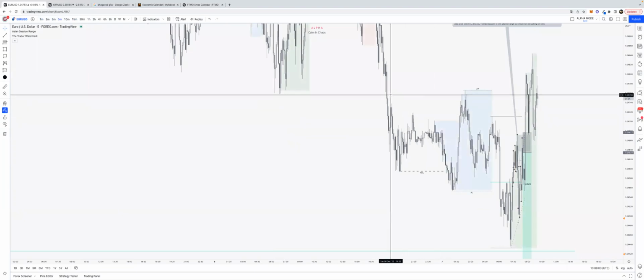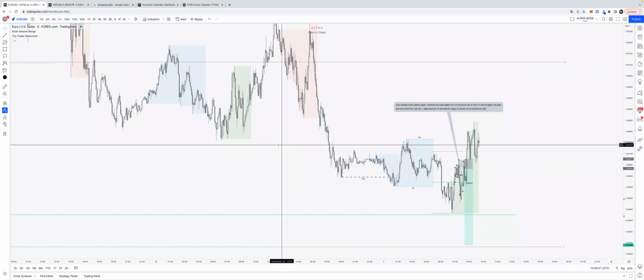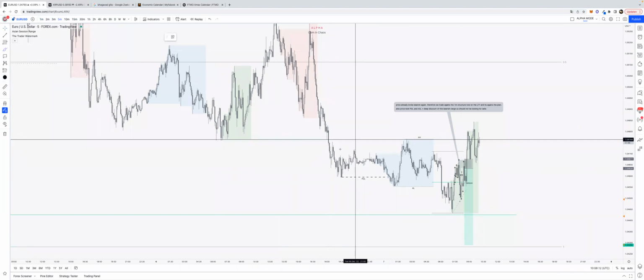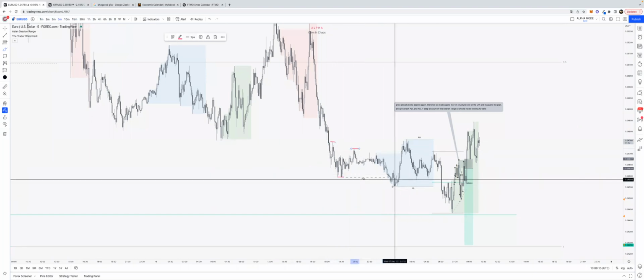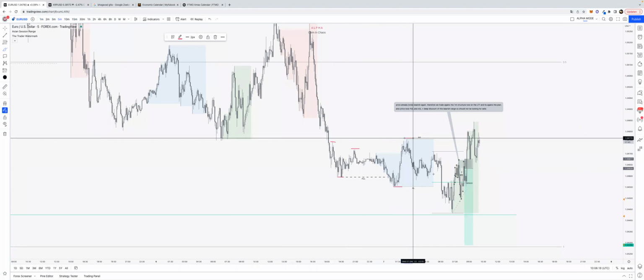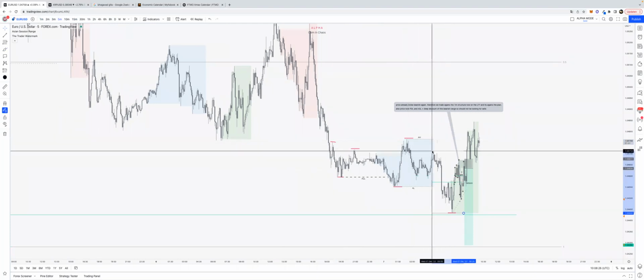We get our high, we got our low, lower high, lower low, bullish break, bearish break. And yeah, you could take it from here. For me, it was the same either from here or from here.